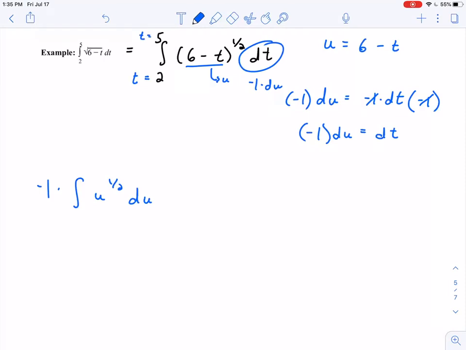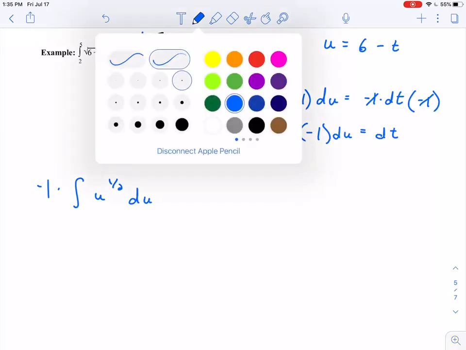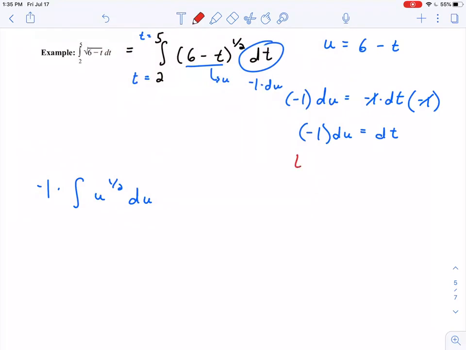I'm going to rewrite them so that they're in terms of u. So when t equals 5, u equals 6 minus 5, that's equal to 1.